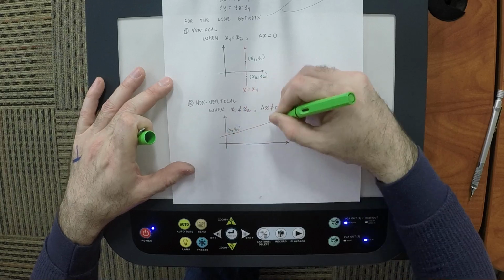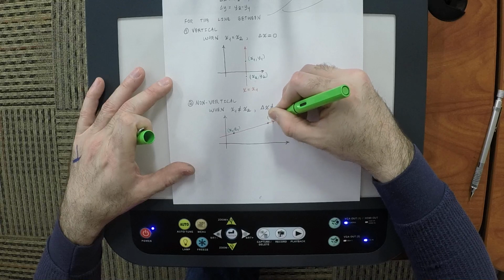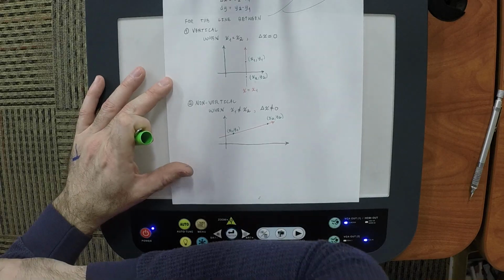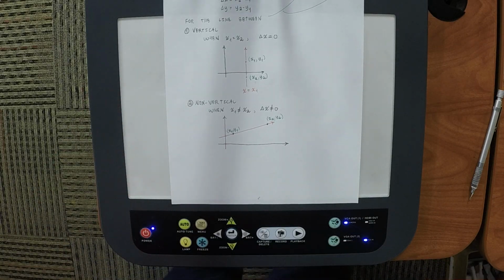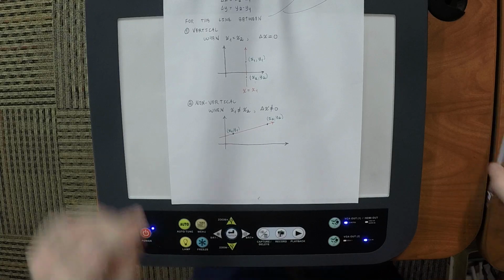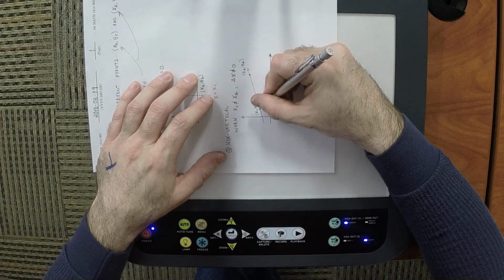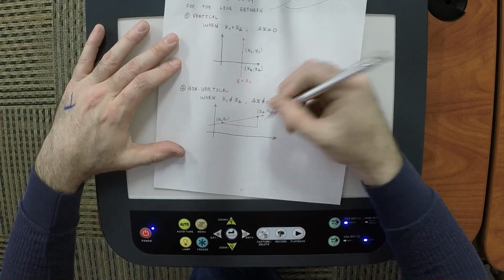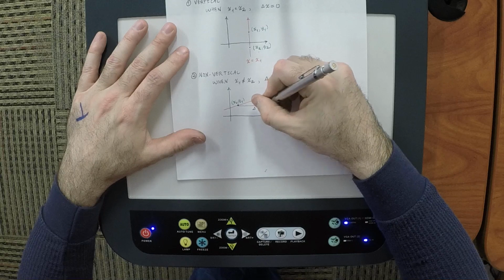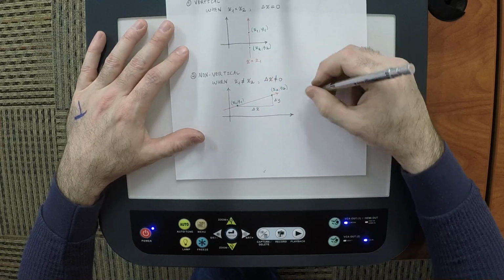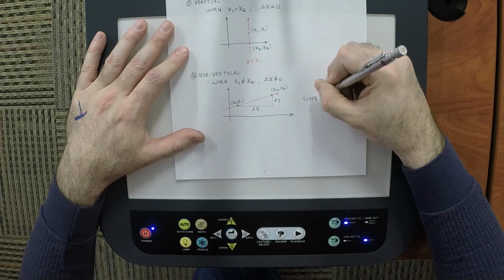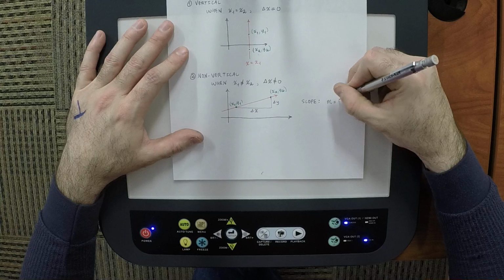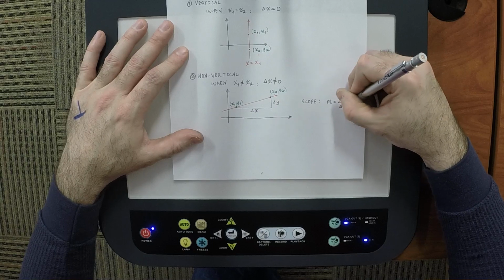So x1, y1, and another point, x2, y2. And in this drawing, the points are not vertically aligned, because otherwise we'd be in the vertical case. In this picture, delta x is this measurement, delta y is that measurement, and the slope is what? Rise over run. So delta y divided by delta x.